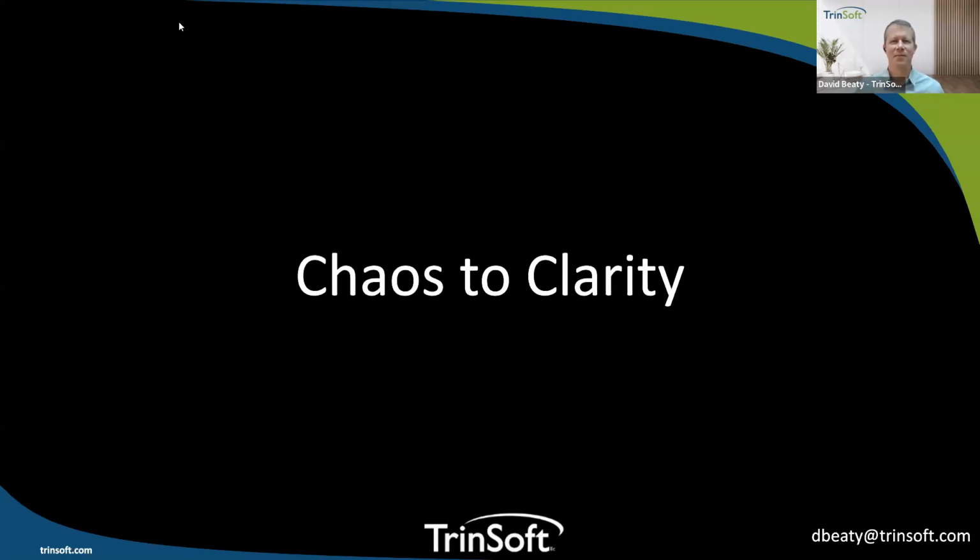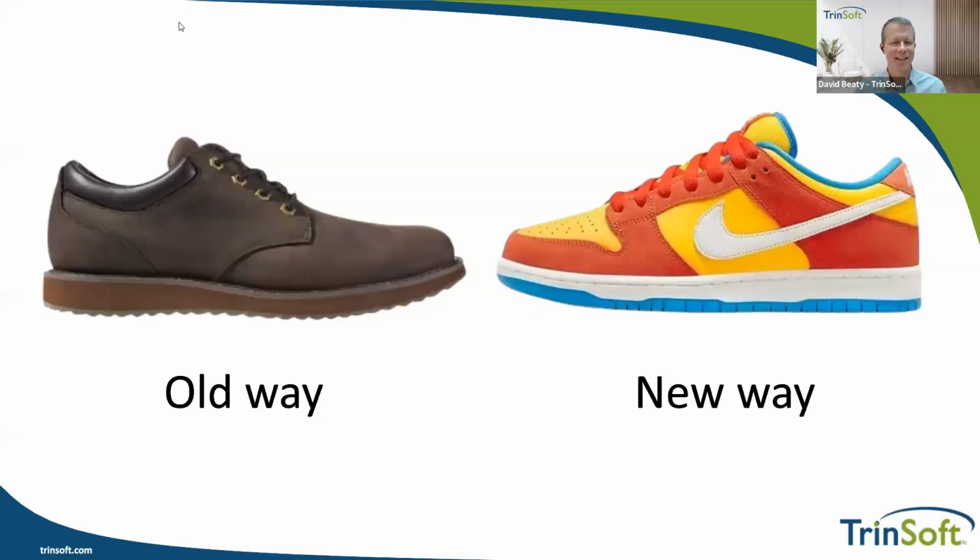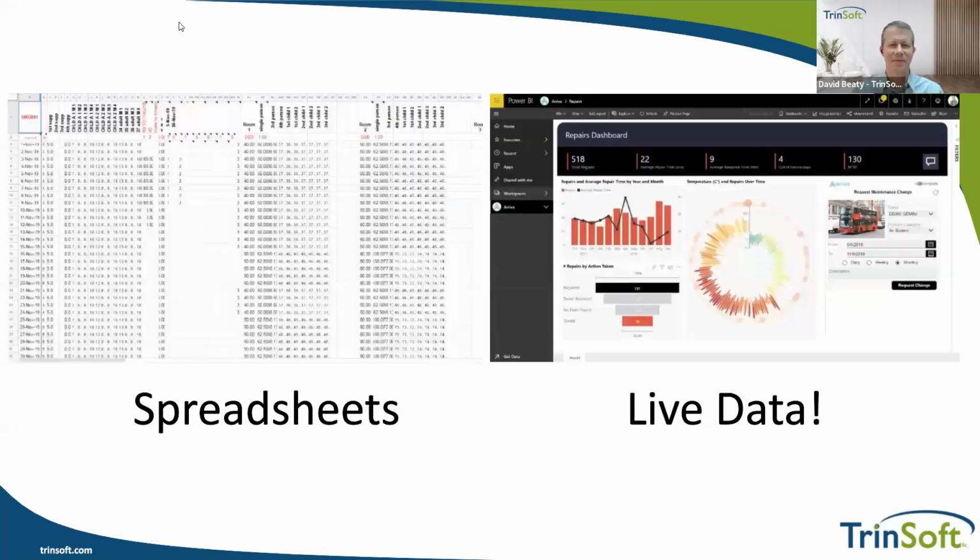All those different spreadsheets you've got and data from all these different places, we turn that into clear, beautiful reports, and not the old way. The old way is a little bit boring, maybe a little slow. We like the new way. Spreadsheets have their place, but we like it to look really good and be very visual, with live data that's refreshed every hour, half hour, something like that.